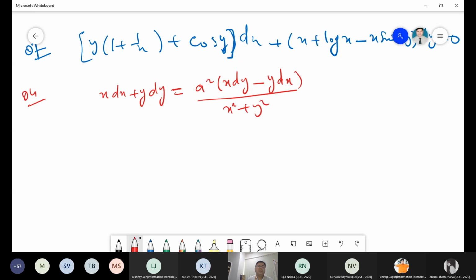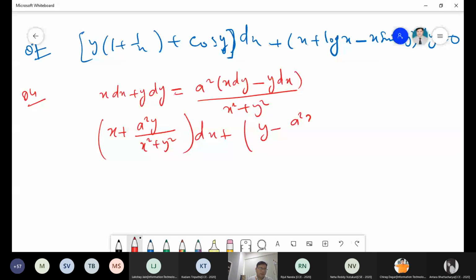So when you rearrange this equation, you take the dx to this side, x into this one, so you will get it like that. Now see, this will be (x plus a square y) upon (x square plus y square) dx. Yes, Kadam, will you get this one? Plus (y minus a square x) upon (x square plus y square) dy equal to 0. Is it correct now? So this is your M and this is your N.